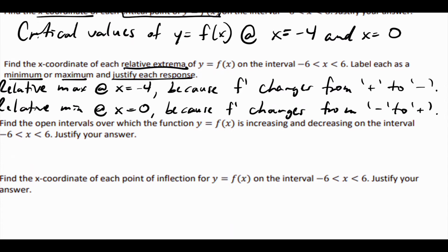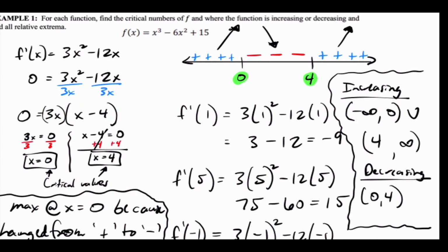That's why we said they were maximums and minimums last week, with the pluses and the minuses on the number line. We had functions back then, f of x, so we could do that. But now we can't rely on that, so we have to use definitions.